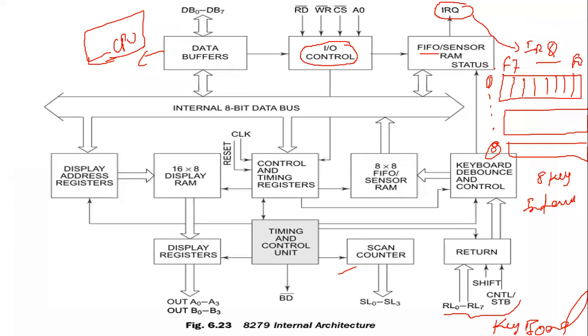For every key information, it sends one interrupt request. At a time, it will store 8 keys' information. When you press the first key, it stores that information in the first register, then the second, then the third, and so on. So it is a first in, first out sensor.